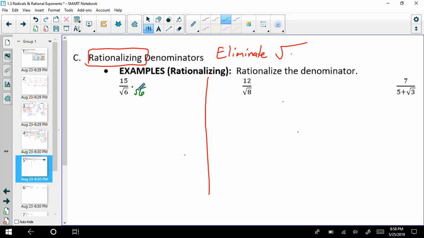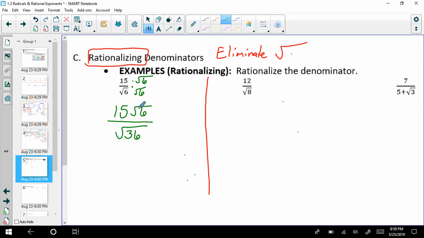So if I give the bottom a square root 6, I also have to give the top a square root 6. I got to keep it balanced. So up top, I would have 15 square root 6. They just multiply together. On the bottom, 6 times 6, I'd get square root 36.